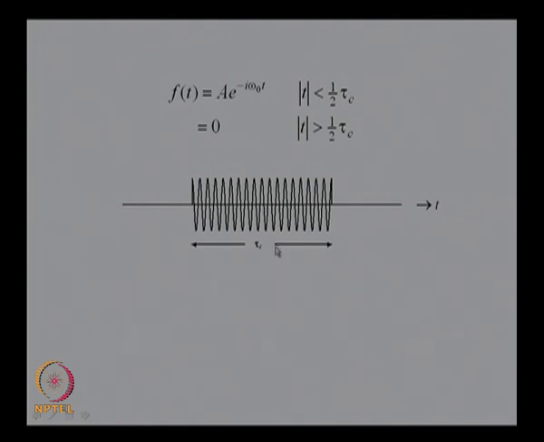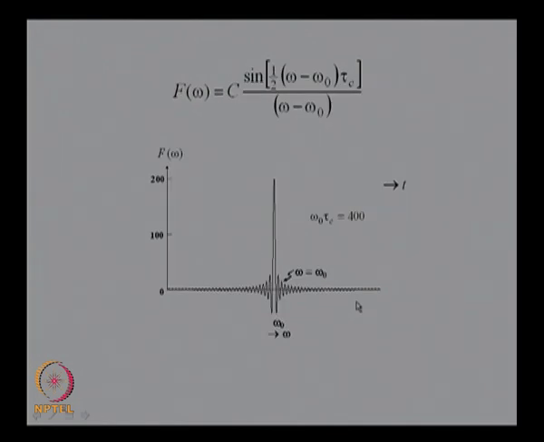This is known as the coherence time, and in between it is A into e to the power of minus i omega 0 t. If you calculate the Fourier transform, I leave it as a very simple exercise, it will be very sharply peaked around omega equal to omega 0. In this particular case, I have assumed omega 0 tau c is of the order of 100.